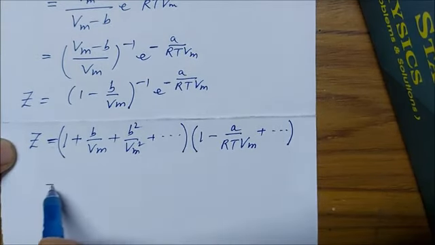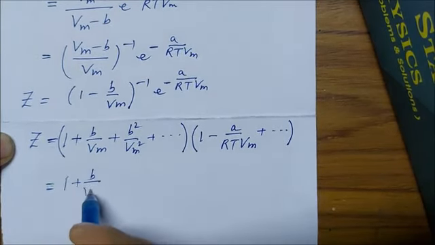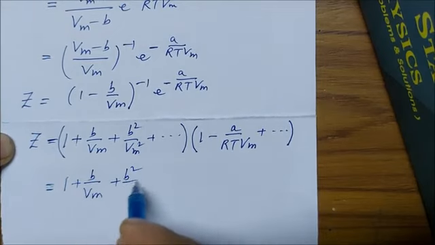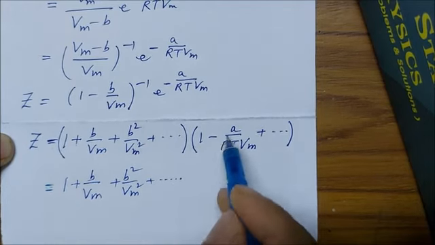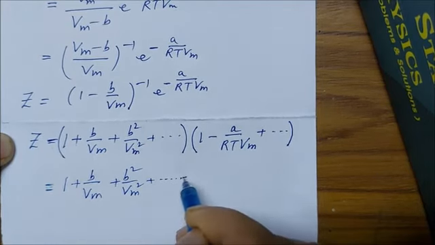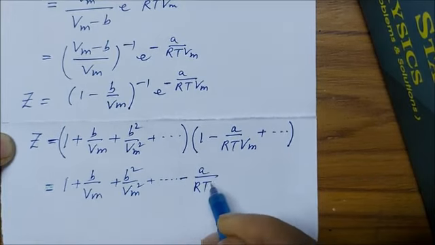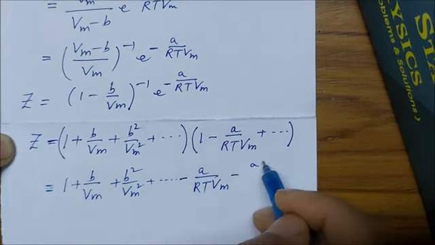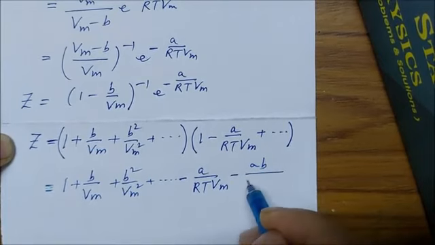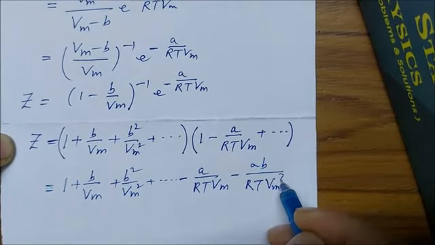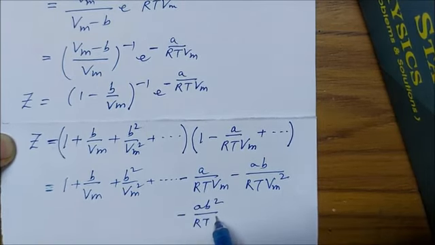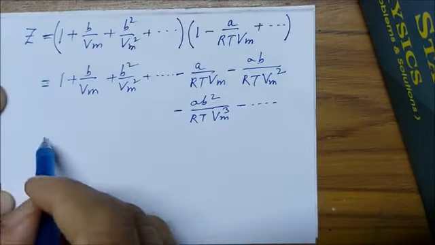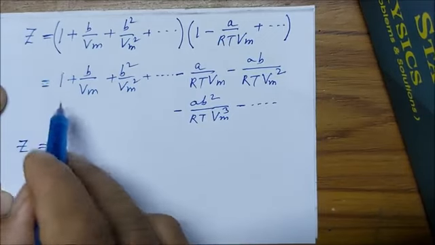Multiply by 1, we get, then we multiply with this term to get, so the first term is 1.